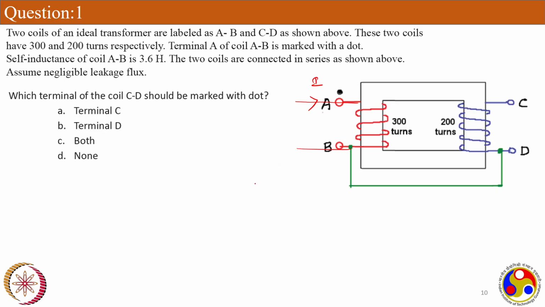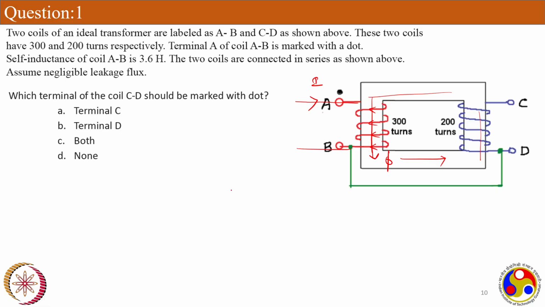My current is entering the dot. If it is entering the dot here, my current is like this, and my flux generated will be like this. The flux will take its path and return.